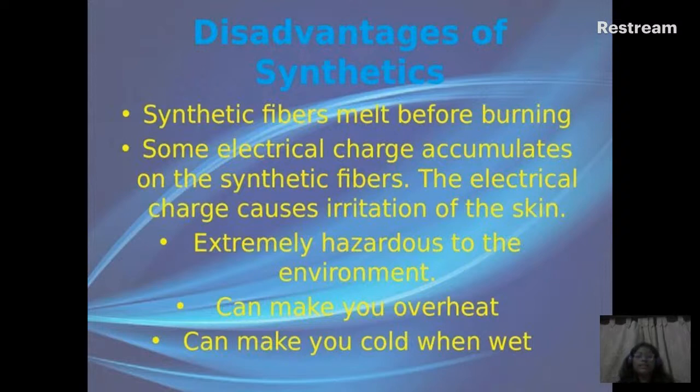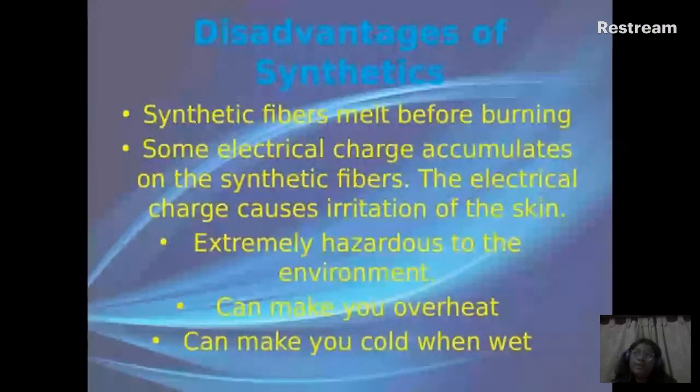Also, electrical charge accumulates on synthetic fibers, and the electrical charge causes irritation on the skin too. They are extremely hazardous to the environment, can make you overweight, and can make you cold when wet. So if we compare synthetic and natural fibers, natural fiber is way better. On the other hand, synthetic fibers have many disadvantages. Synthetic fibers are very low in price.